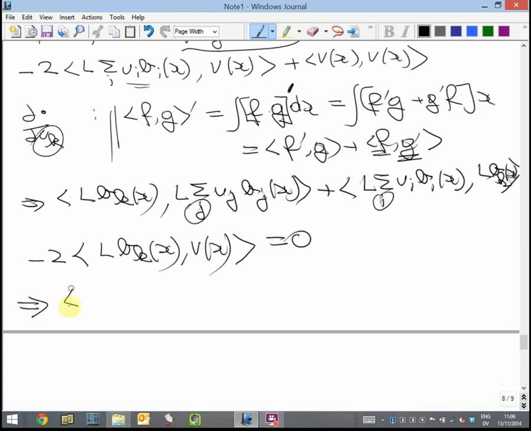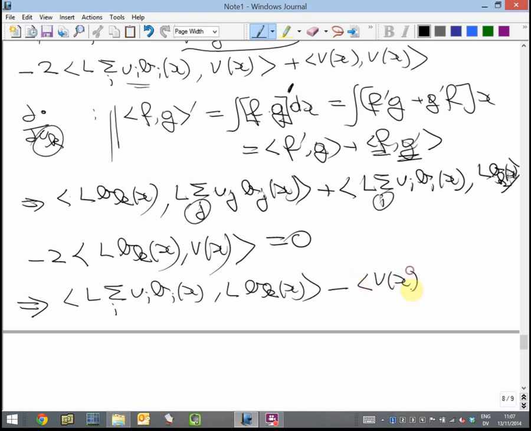So if you just focus, for example, on this one, you can write L summation over i, u_i, b_i of x, L b_k, minus, and then if we also make use of the fact that this is commutative, we can change this around in order.